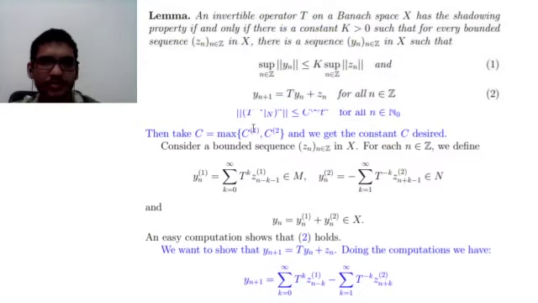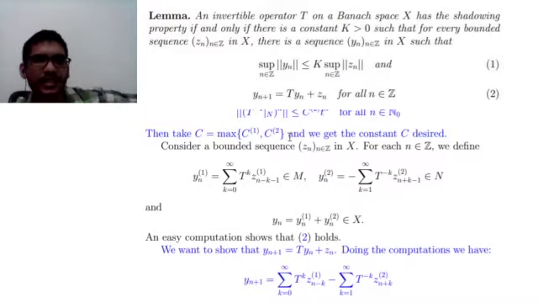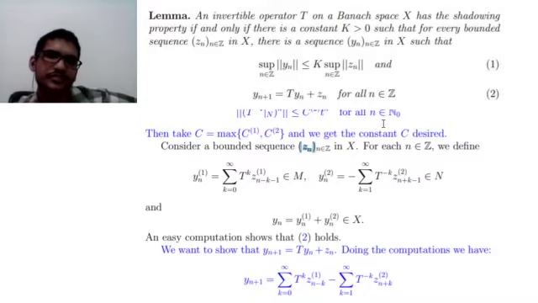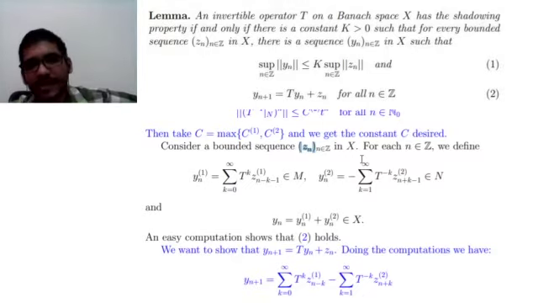Remember, we need to consider a bounded sequence c_n, and prove that there exists a sequence y_n that satisfies the conditions 1 and 2. So we have the c_n sequence, and we are going to construct the y_n sequence that satisfies 1 and 2.